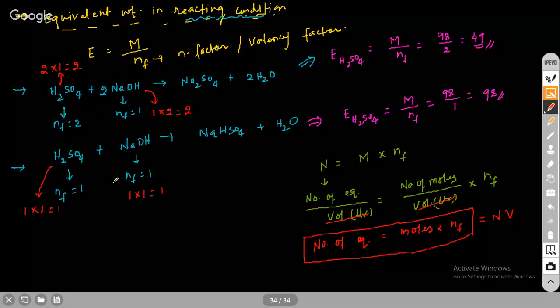Correct. So in this reaction, there is nothing called normality or molarity given. Even volume is not mentioned. Without all these terms, we can also find out the number of equivalents with this formula, which is n factor into number of moles. Understood?